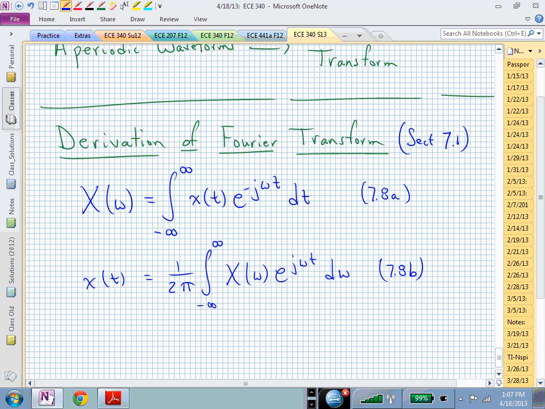We simply weight capital X of omega, the frequency content, by this sinusoidal variation, which varies with all frequencies omega between 0, DC, and infinity. And we're going in both directions. We want to include plus and minus frequencies. That's what little x of t is. This is analysis, this is synthesis. And we need those pairs because we want to be able to go back and forth between the two domains.